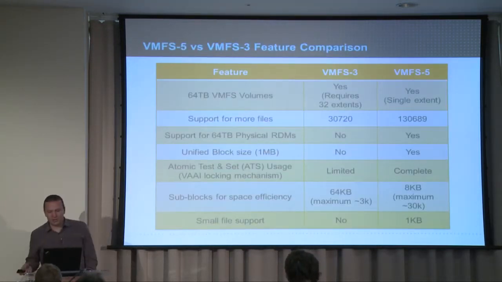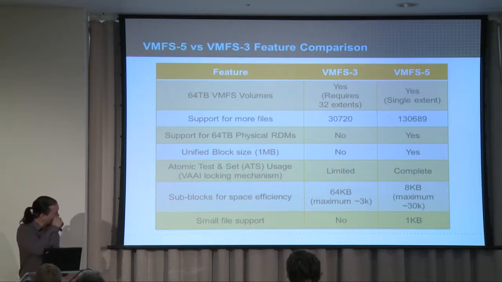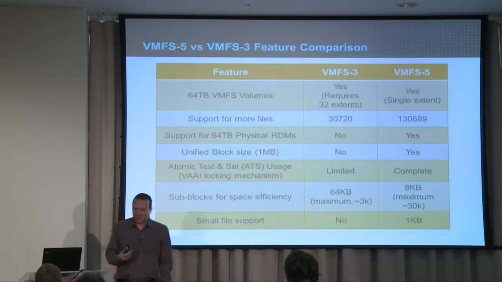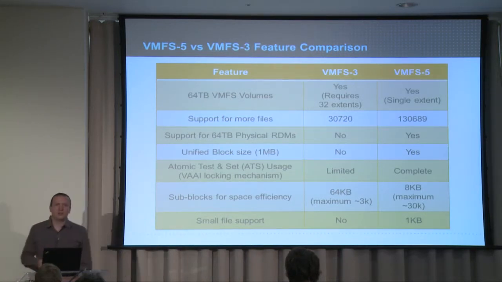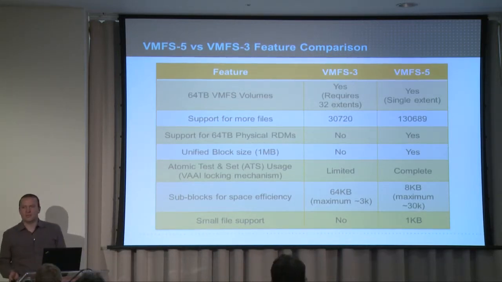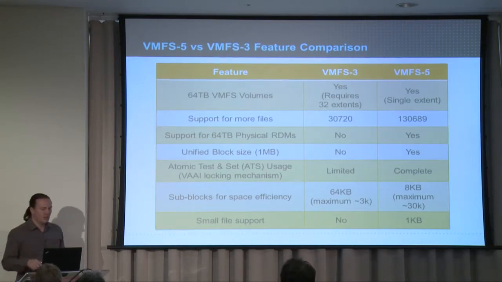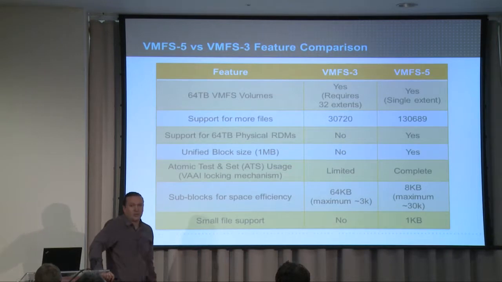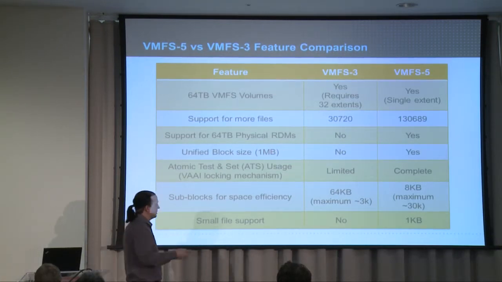So you know I said they upgraded VMFS recently. Well, it went from VMFS-3 to VMFS-5. I'm going to try and make sure that this is tied a bit more to desktop virtualization rather than just vSphere, so some of this stuff we'll not talk about at all. The one I really like, though, is this unified block size of 1 meg.